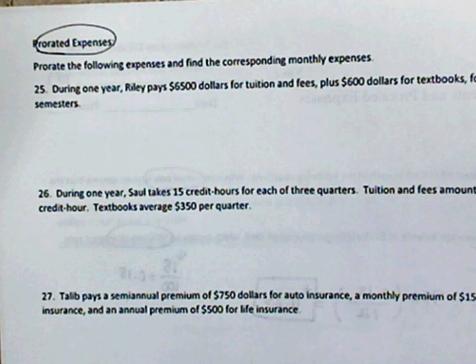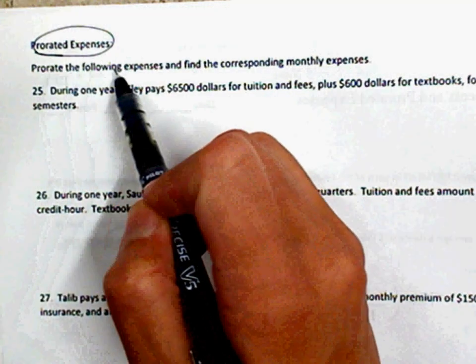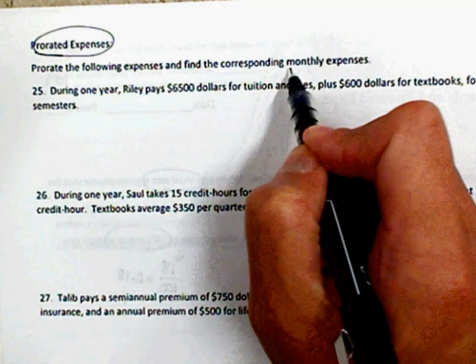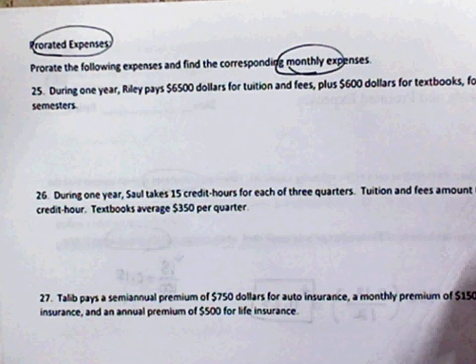I'm starting my cable on the 20th, so I'm going to get charged from the 20th to the 30th, the end of the month. That's your prorated, including the next month. Does that make sense? Okay, you're not getting charged for the whole month, you're getting charged for part of the month. That's called prorated. Alright, the direction says prorate the following expenses and find the corresponding, what's that keyword there? Monthly. So I'm looking for the month.